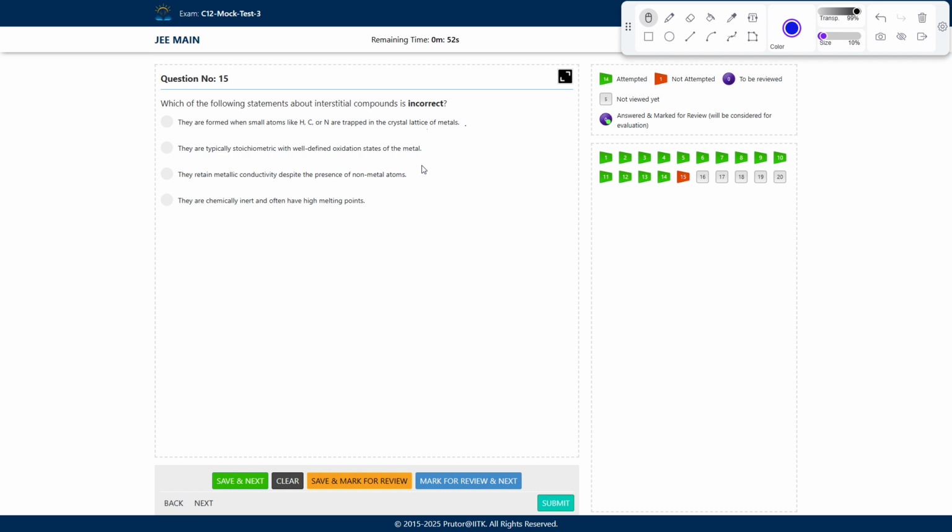Examples include titanium hydride having formula TiH1.7. This is the formula of titanium hydride, which is an interstitial compound formed by the trapping of smaller hydrogen atoms in the vacant spaces of titanium metal crystal lattice. Okay, so our correct answer is going to be option B.